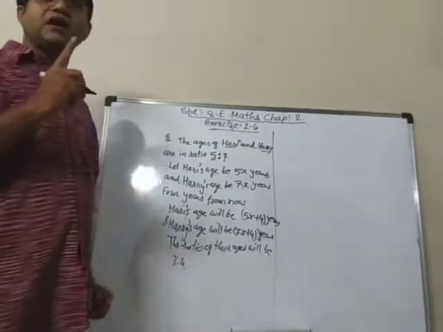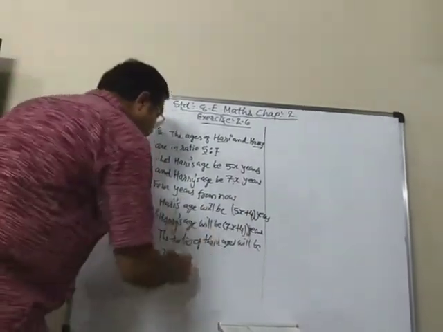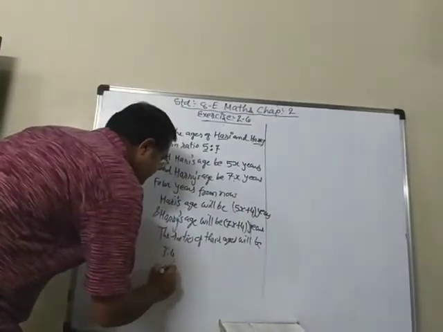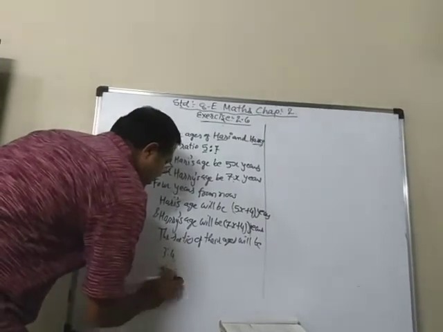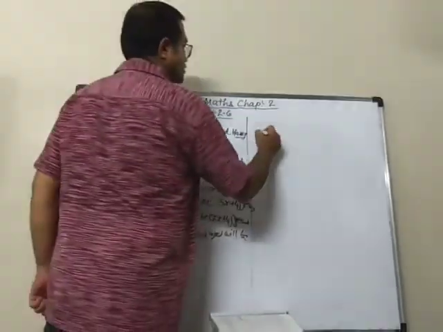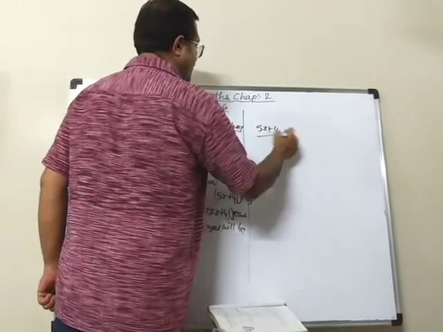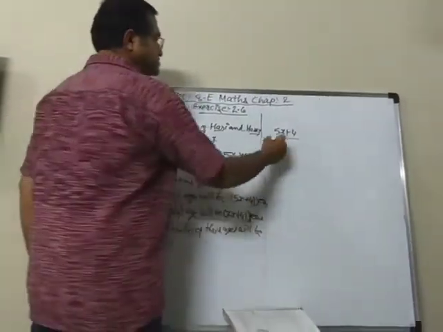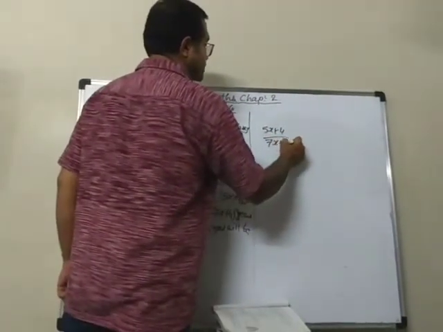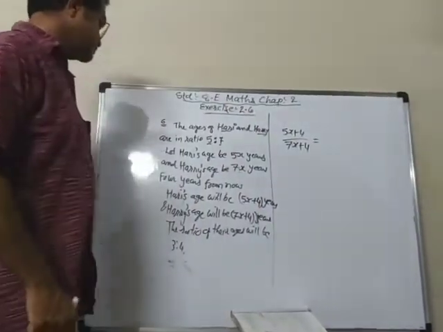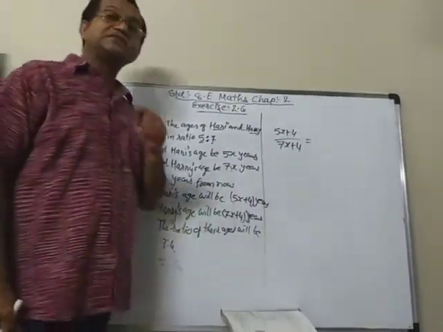It means that 5x plus 4, or we can write it here, so 5x plus 4 upon 7x plus 4 is equal to 3 upon 4.